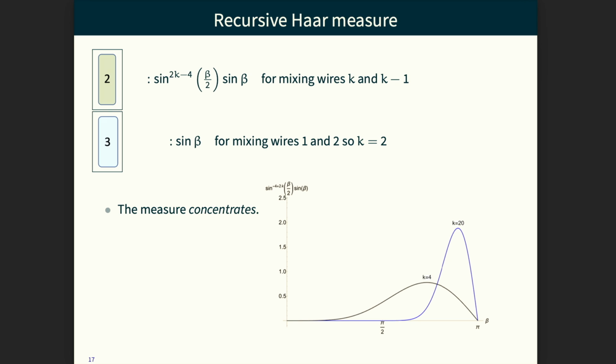In practice, what that means is that for K equal to 20, this splitting angle beta, which determines the ratio of your wire 20 to 19, really wants to be close to pi. And this actually thins out as well, as opposed to K equal to 4, where it's wider.